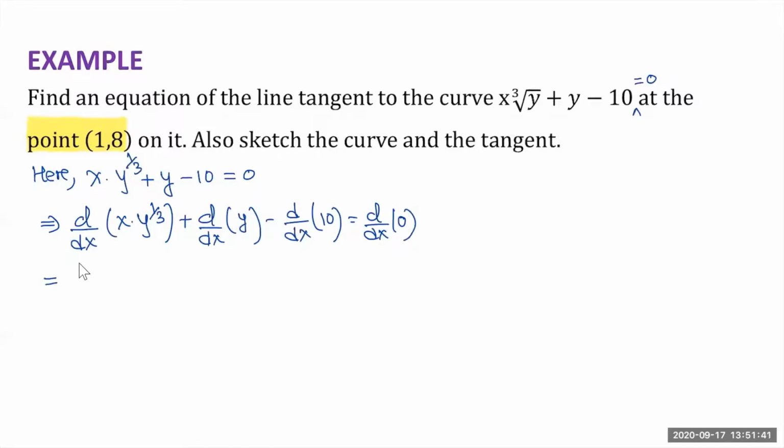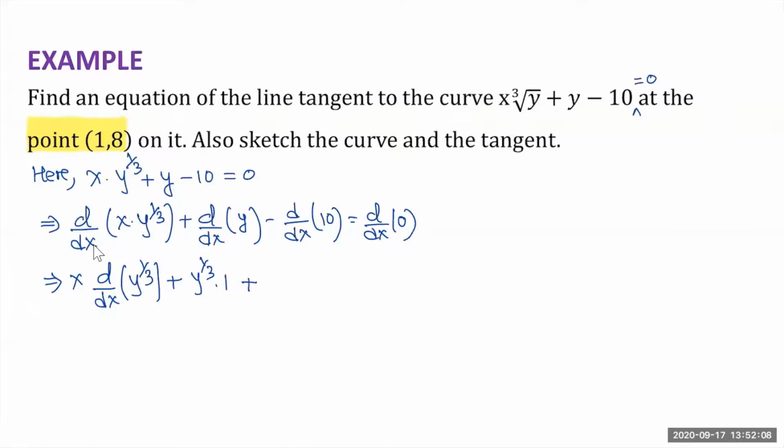Now, if you look at the first term carefully, this is the derivative of the product, x multiplied to y to the 1/3. So we use the product rule here, which is the first function x multiplied to the derivative with respect to x of the second, plus the second function y to the 1/3 multiplied to the derivative of the first, the derivative of x with respect to x is 1.